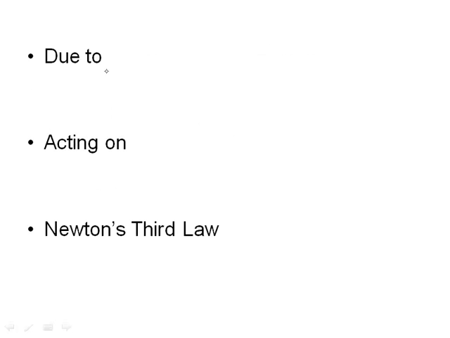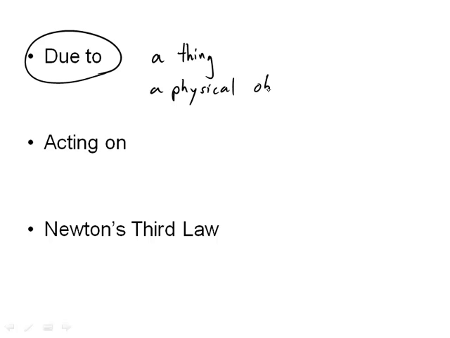So exerting a force or touching it, these are going to bring up a couple of other things. First off, the whole concept of due to. Forces must always be due to a thing. This has got to be a physical object, not a concept. It's got to be a physical object. Even the long-range force of gravity is due to the Earth. Or if we're talking about a spaceship going around another planet, there'd be a gravitational force due to the spaceship, a gravitational force due to the planet.